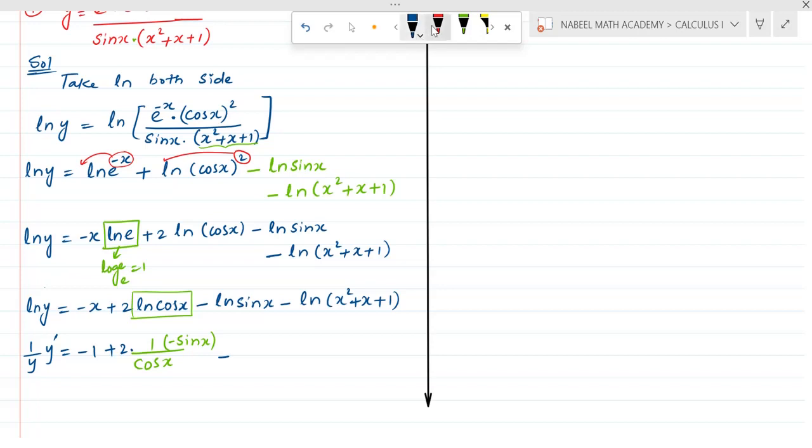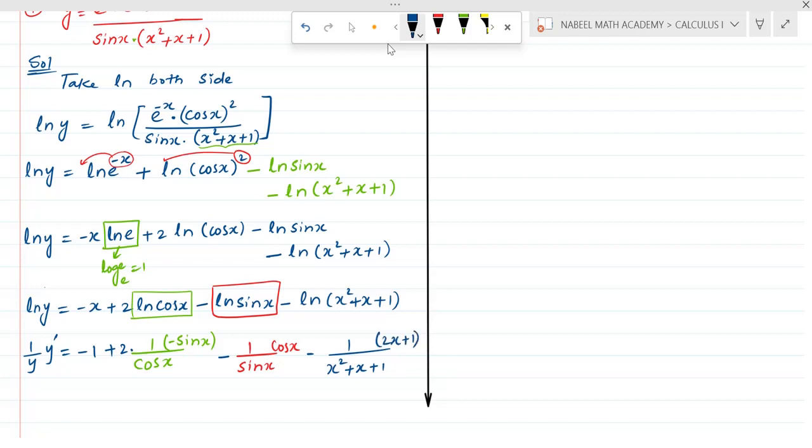So first, if I differentiate ln sine x, it is 1 over sine x, and the differentiation of sine is cosine x. The next one is 1 over x square plus x plus 1. When you differentiate inside, it becomes 2x plus 1.